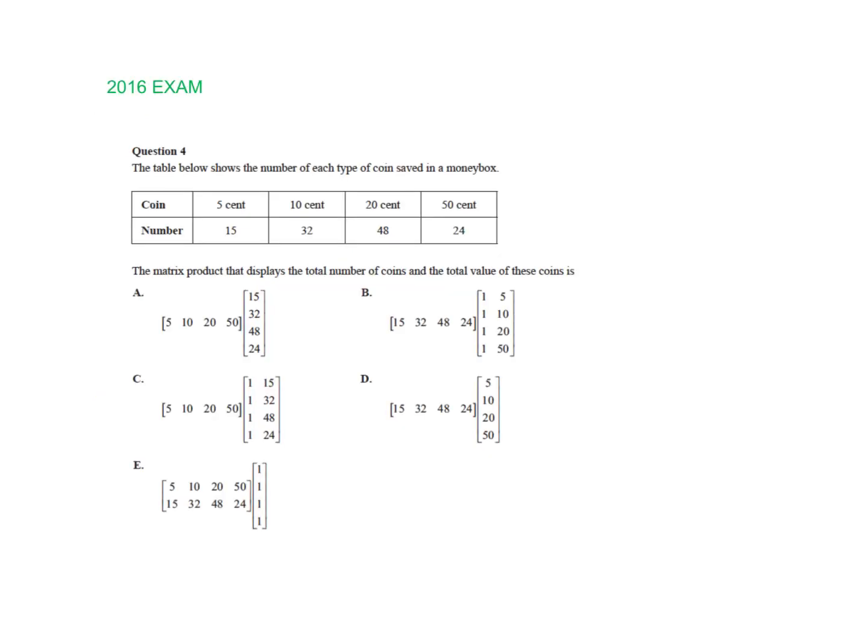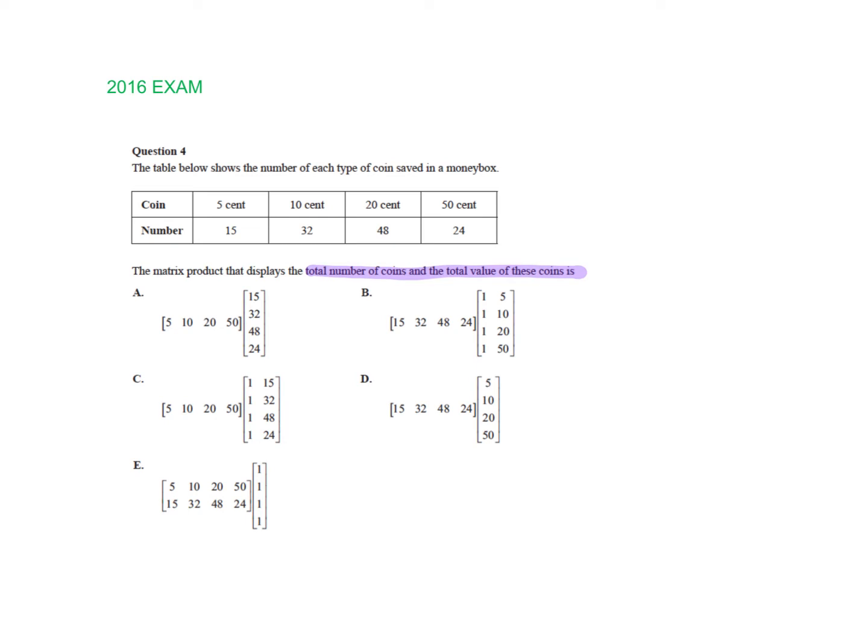Okay, so question 4. The table below shows the number and type of coins saved in a money box. The matrix product that displays the total number of coins and the total value of coins. So here where it says total number, you want the total number of coins, and you want another answer that has the total value of these coins.